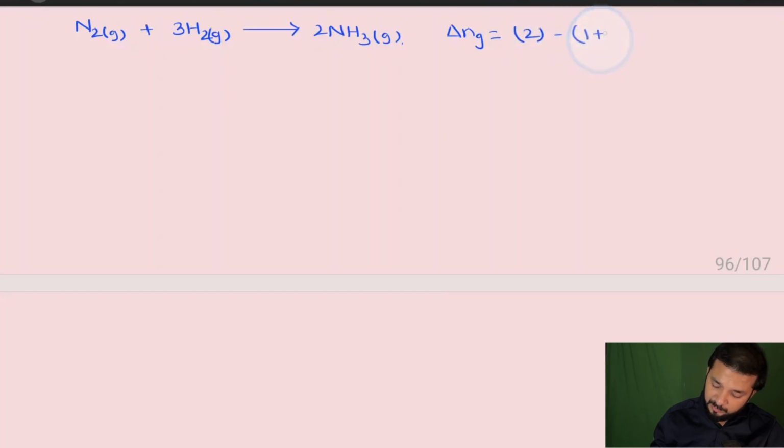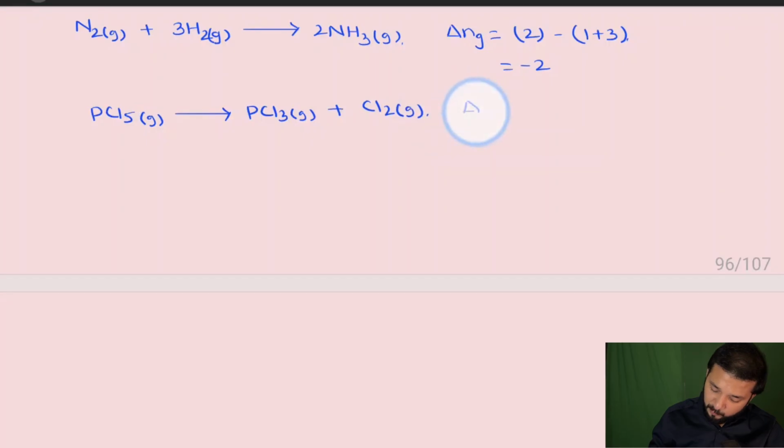So delta Ng will be minus 2. Let's take one more reaction: PCl5 gas giving us PCl3 gas plus Cl2 gas. In this case, delta Ng will be 1 plus 1, that is for product, minus 1, which is for reactant. So in this case, it is 1.